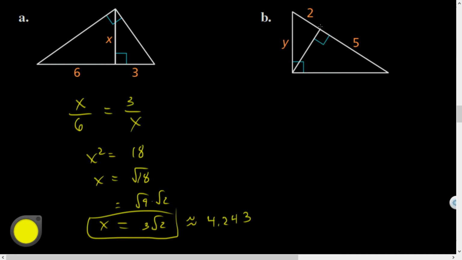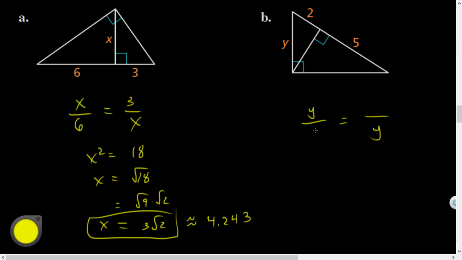Okay, so for this problem, part B, notice I don't know the altitude. I do know a leg. And it says that the leg is going to be the geometric mean of what? This setup is tricky.